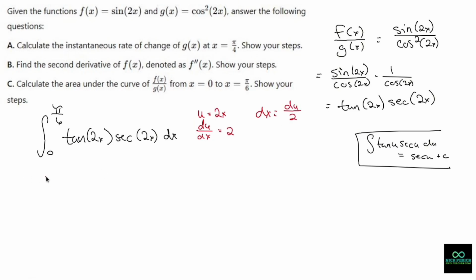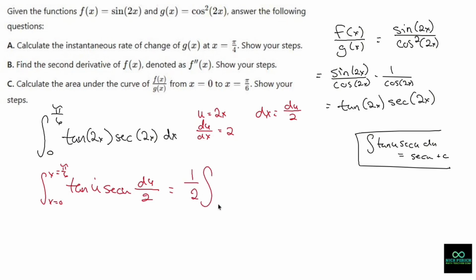Simplifying this a little bit, I have the integral as x goes from 0 to pi over 6. I have du over 2, and 2x is now u, so tan u secant u du over 2. Basically, pull the 1/2 out.